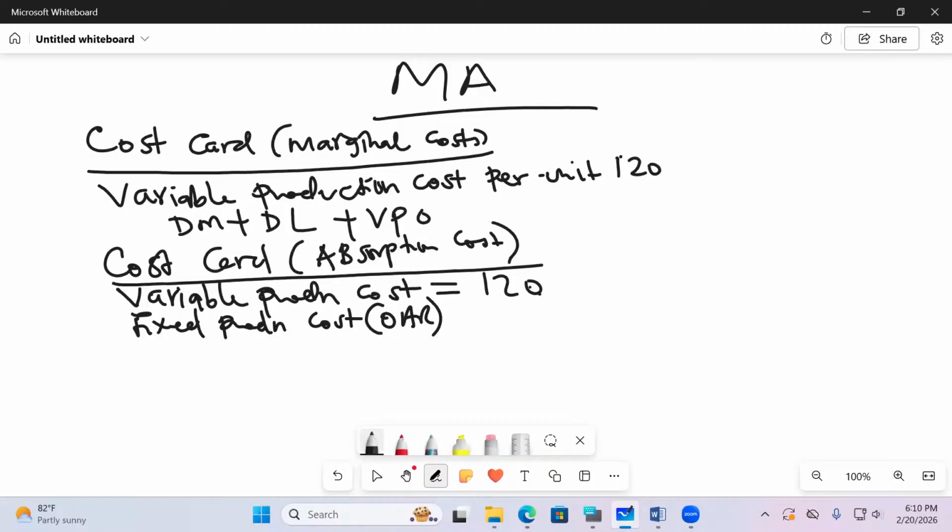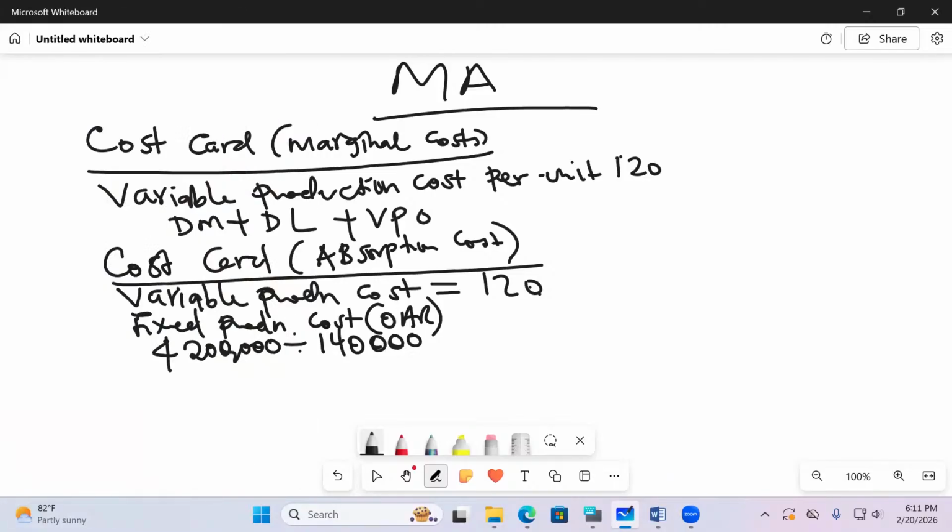So for a whole year, I can see a figure of 4.2 million, and for the whole year, 140,000 units are being produced. When you take this 4.2 million divided by 140,000, what figure are we getting? 30.